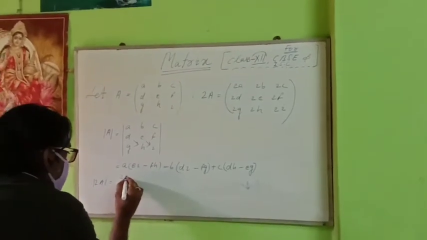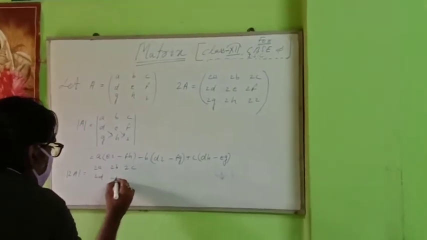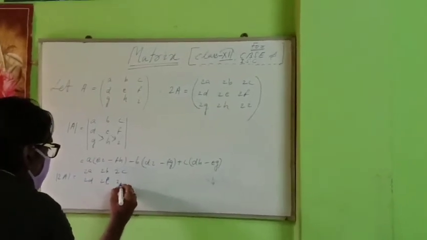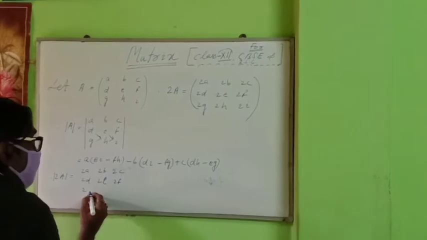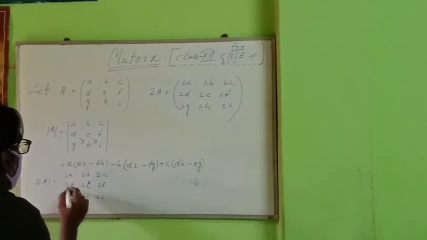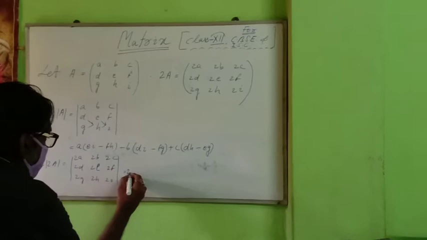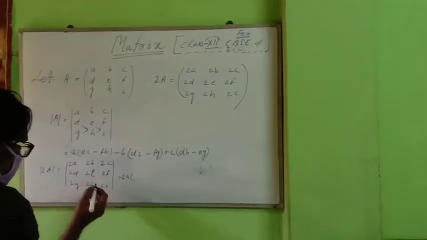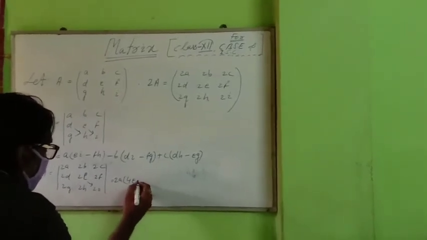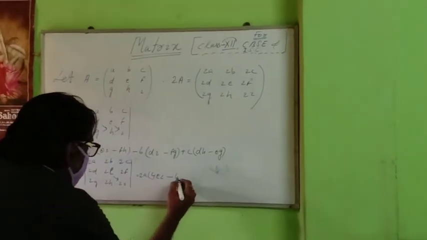Same process: 2a, 2b, 2c, 2d, 2e, 2f, 2g, 2h, 2i. Now you find the determinant of this. Same process, 2a whole into this into this, 2e into 2i, that is 4ei minus 4fh.